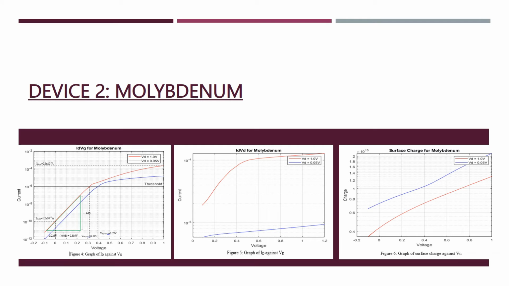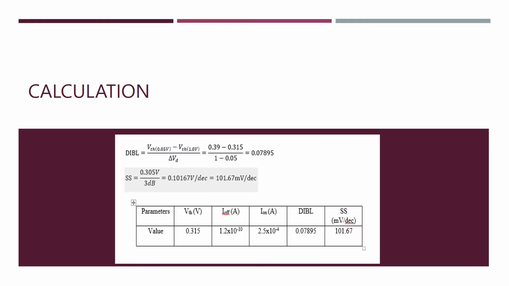These three graphs also use the same VD, which is 0.05 and 1 volt, and the calculation for the DIBL is the same, equal to 0.39 minus 0.315 divided by delta VD, which is 1 minus 0.05, and the answer we got for the DIBL for the second device is 0.07895. And for the SS, like the previous calculation, we divide VTH by 3 decibel, and we will get the answer 101.67 millivolt per decade.